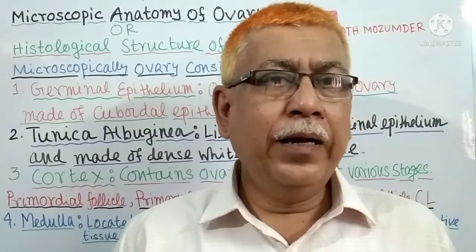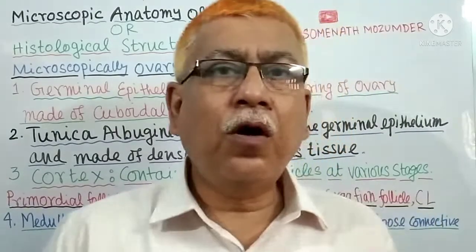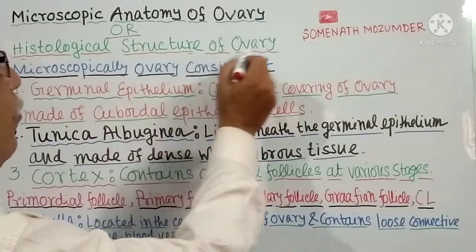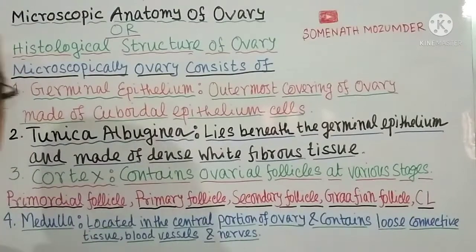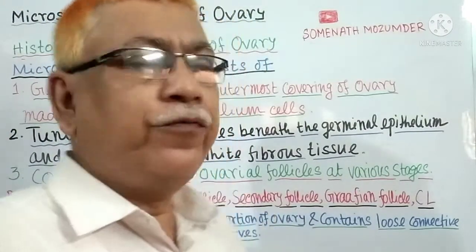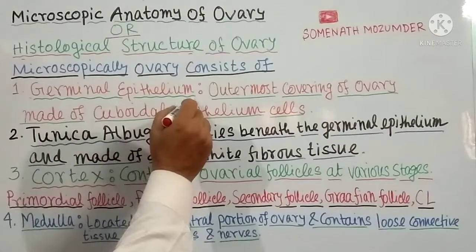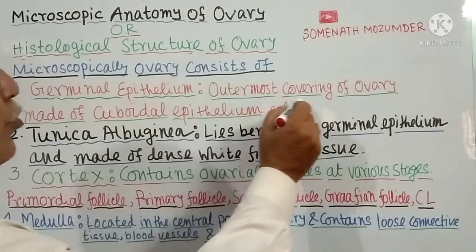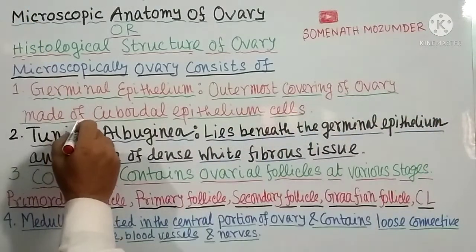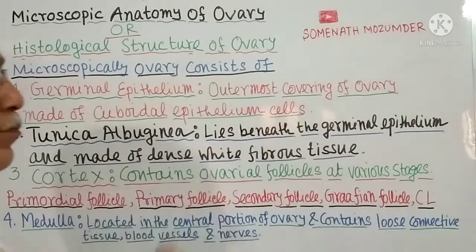Microscopic anatomy of ovary, or it is also called histological structure of ovary. Microscopically, ovary consists of: one, germinal epithelium. This is the outermost covering of ovary and made of cuboidal epithelium cells.